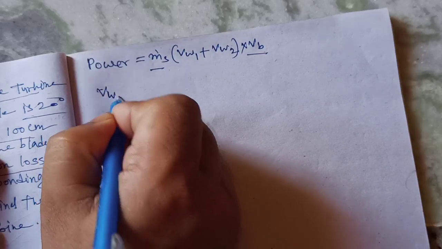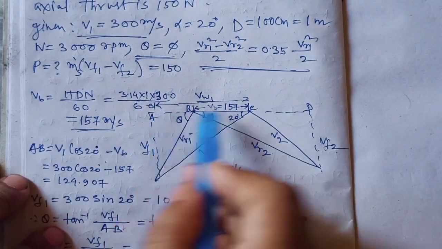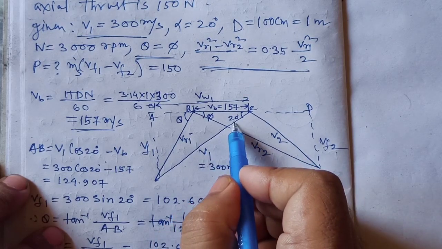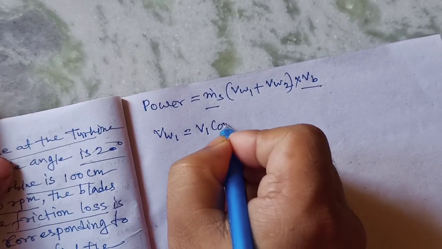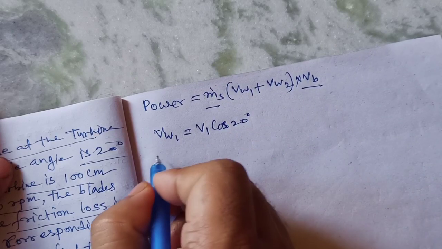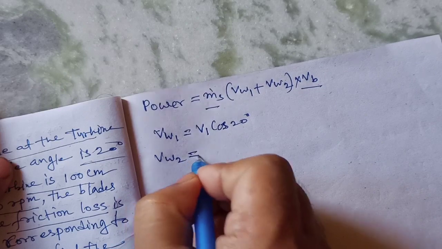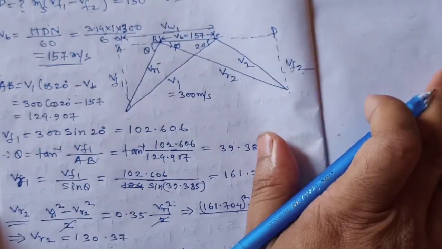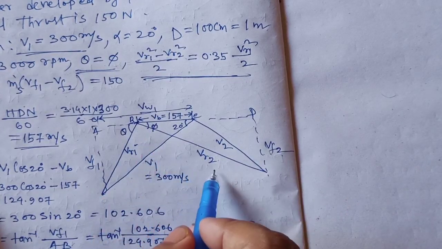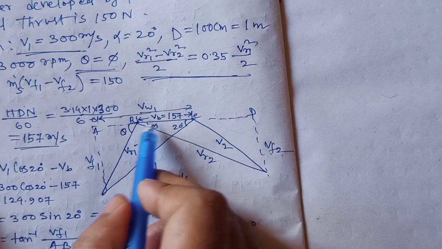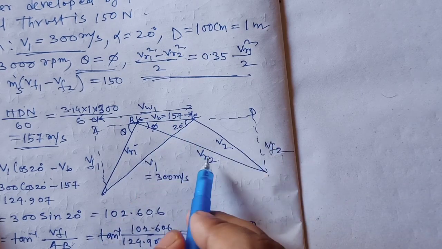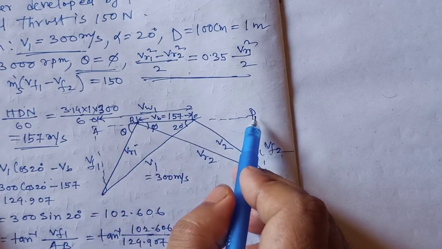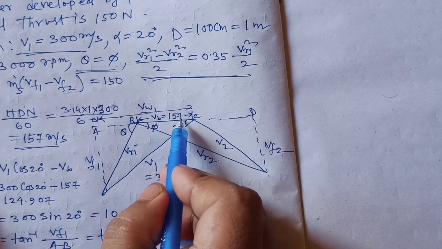Vw1 is easy to find: V1 cos 20 degree. And Vw2 equals Vr2 cos phi minus BC, that is Vb, which is 157. Vr2 cos phi is BD, and BC is 157.